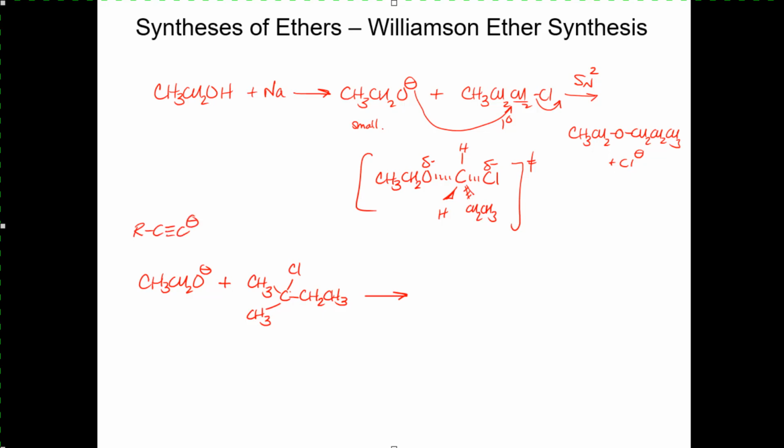We took our alkynyl anion and we tried to alkylate it with tertiary halides. And what happened? Well, in both of these cases, what do we have? We have strong nucleophiles that are also strong bases.